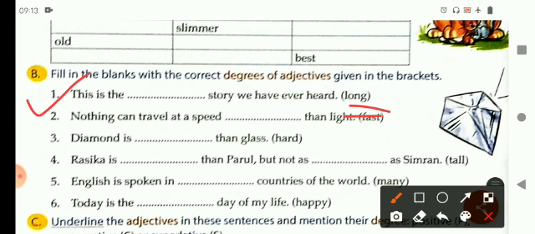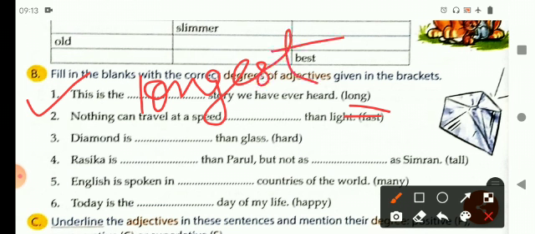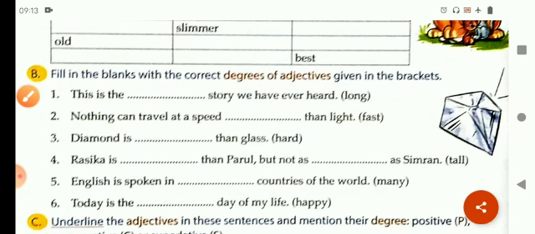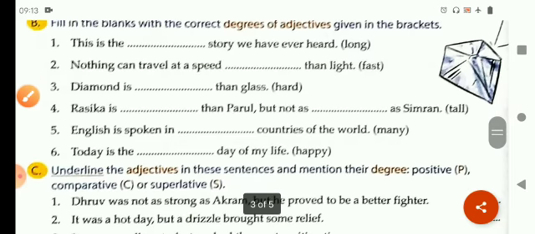So long will become longest. Here I am using the superlative degree of the adjective long because the word the is given, and we always use the before the superlative degree of an adjective. Now in the same way you can do all these sentences.